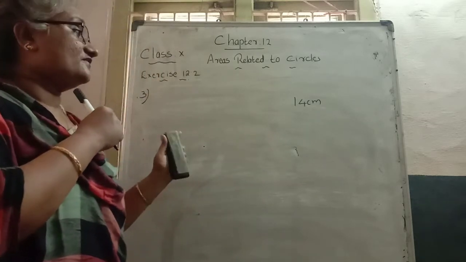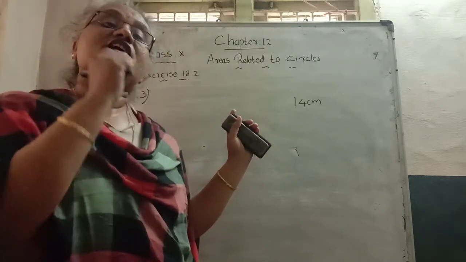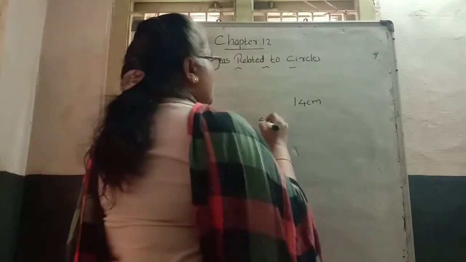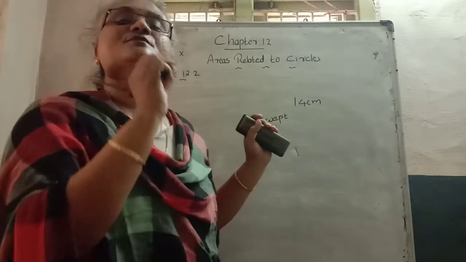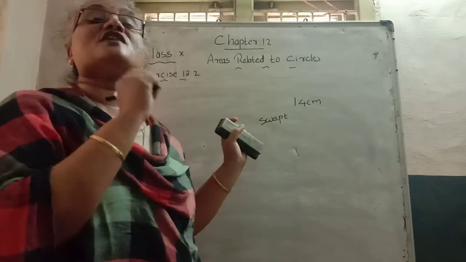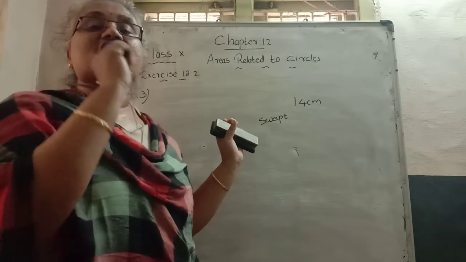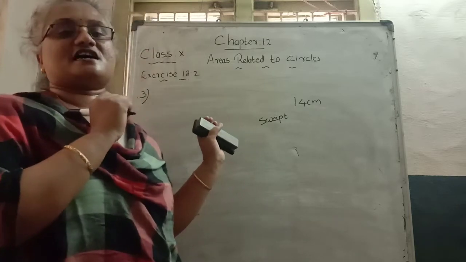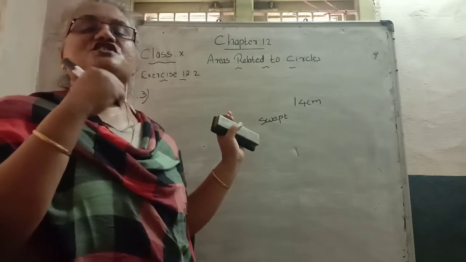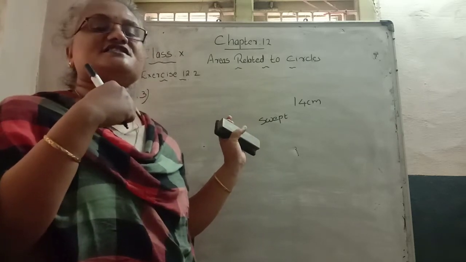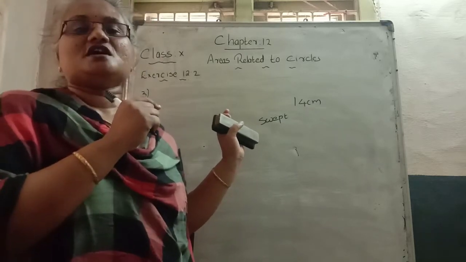Then next, what they given, the length of the minute hand is given there. They are asking to find out the area swept by the minute hand in 5 minutes case. That means theta by 360 into pi r square, that means the clock hand represents a sector format.